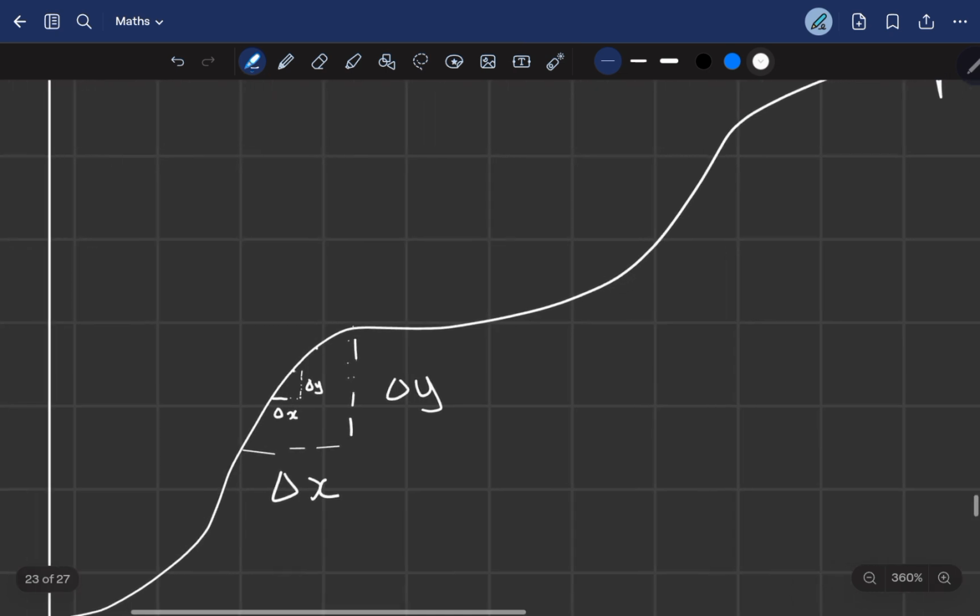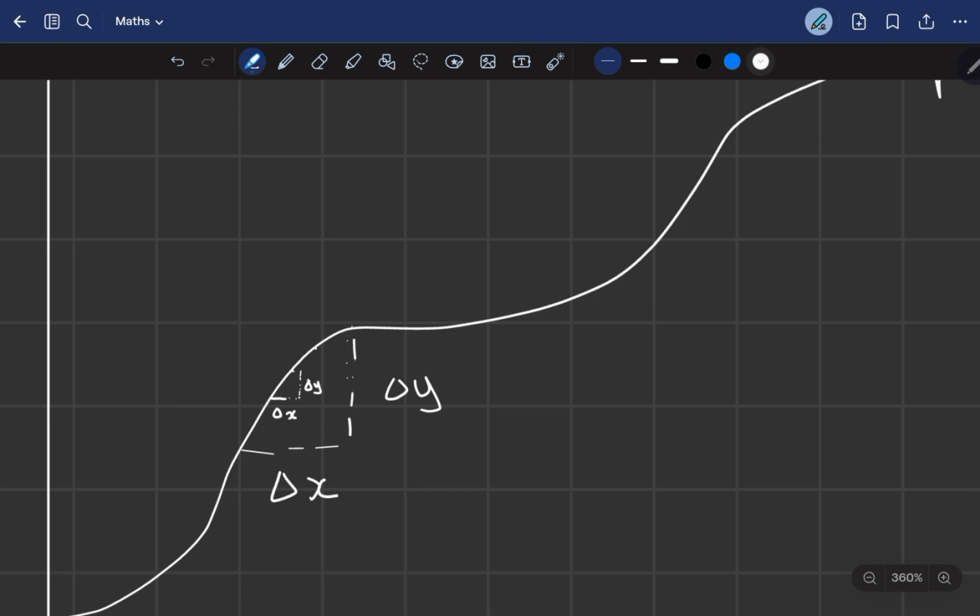Okay? Now, in calculus, we don't actually write delta y. We use the word difference, d for difference. So when we're calculating the derivative, what we're actually doing is finding the difference in y by the difference in x as the change in x, or difference of x, tends towards 0.